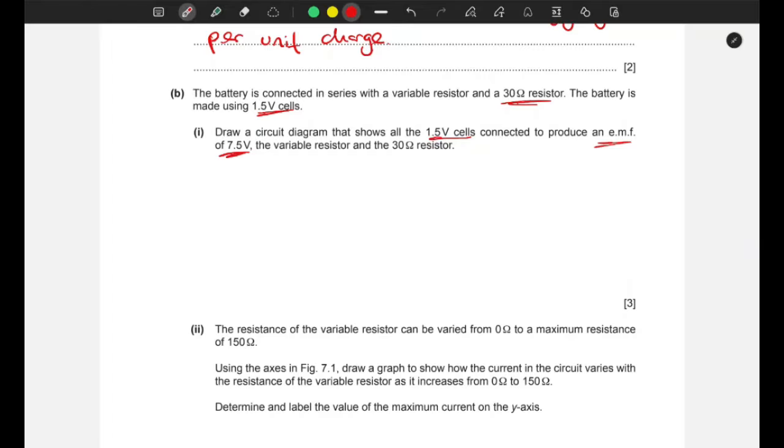Okay, so we have 1.5 volts per cell. To make 7.5, we would need 5 of them. So we have one cell, two, three, 1, 2, 3, 4, 5. We have 5 cells, and the battery is connected in series with a variable resistor.